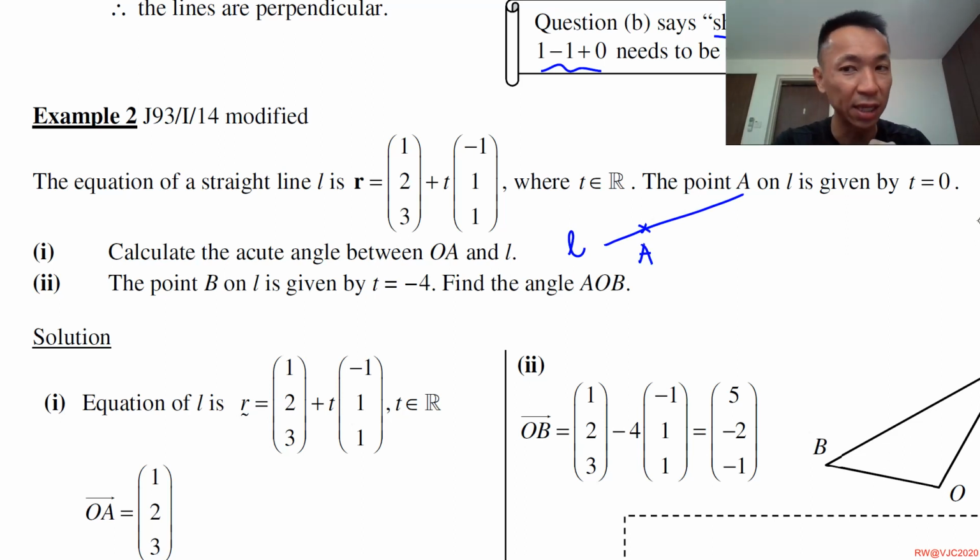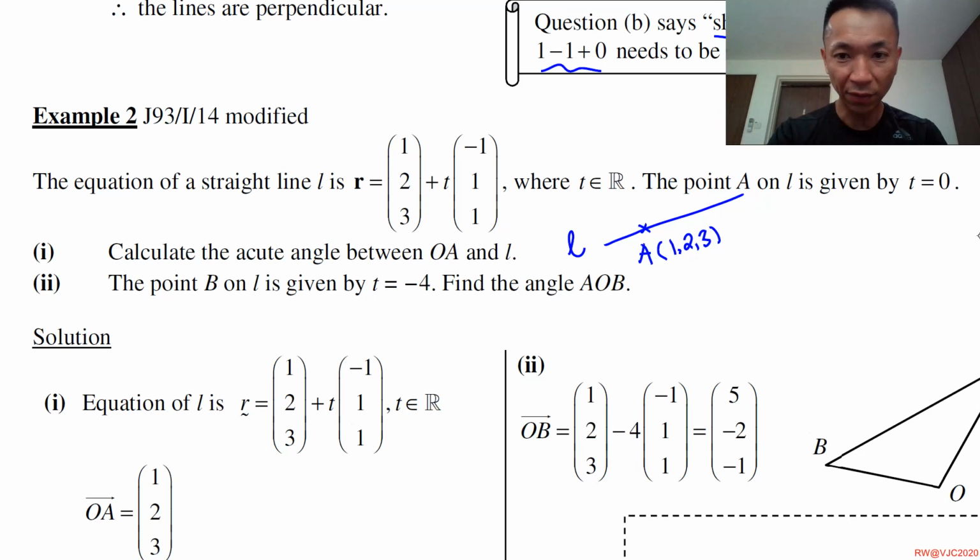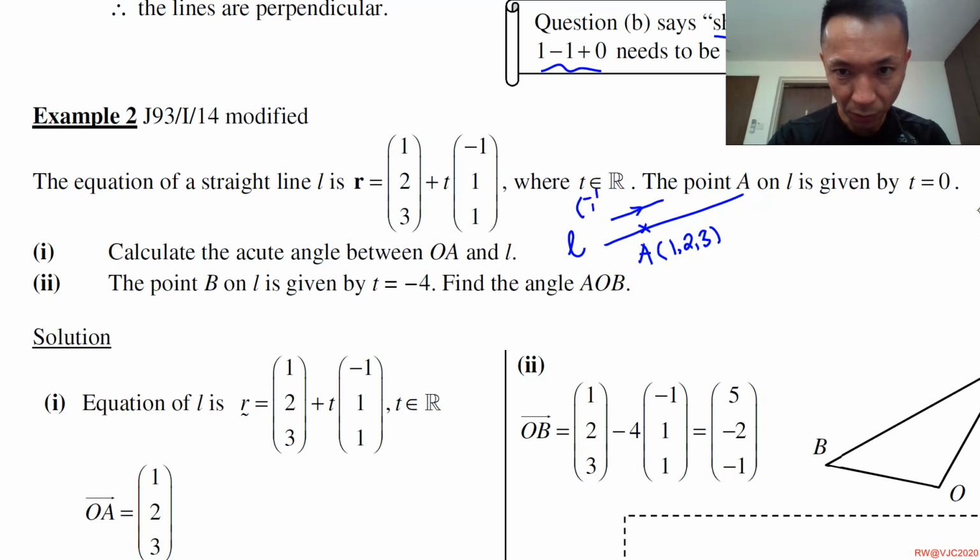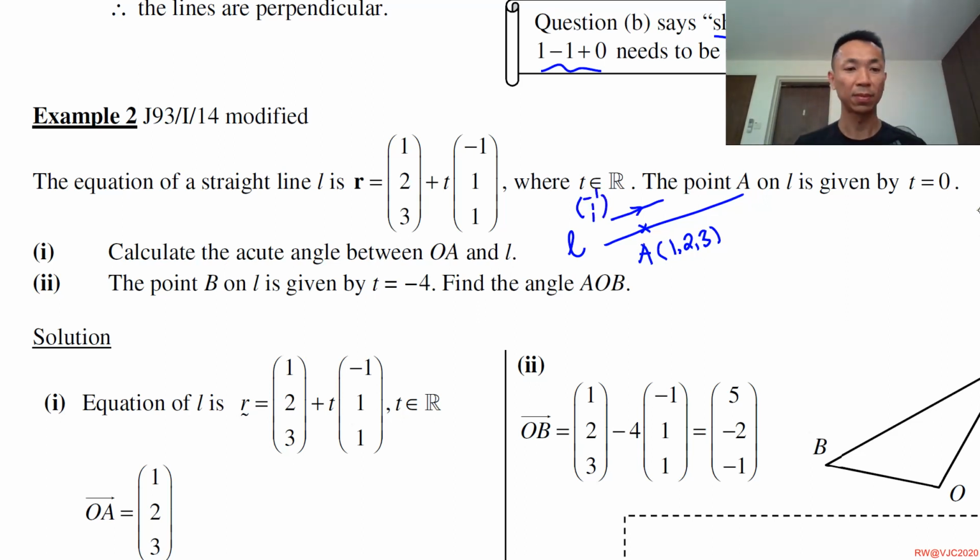A is on L such that t equals 0. So when t is 0, it is 1, 2, 3. I deliberately write this as coordinates now. A is a point with coordinates 1, 2, 3. So L is like that, and you have a direction vector -1, 1, 1. All right?